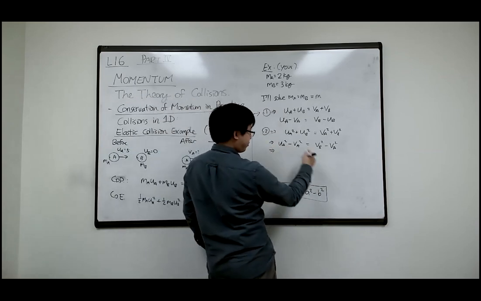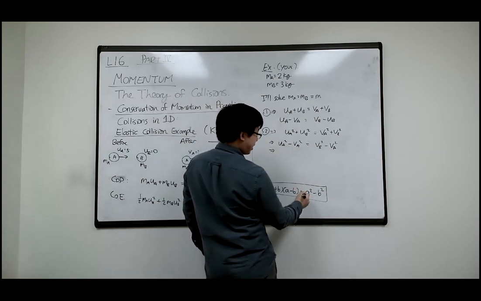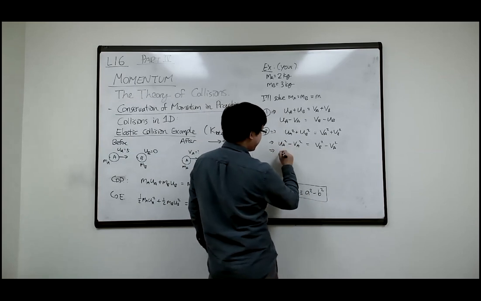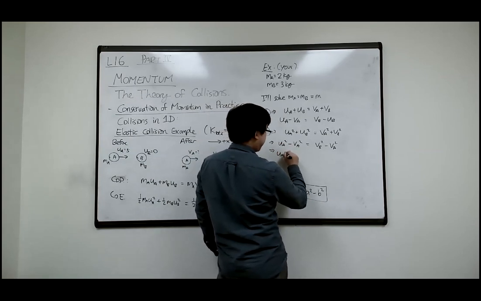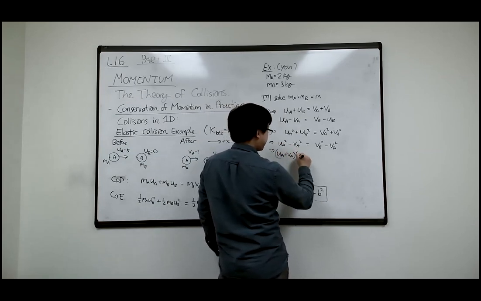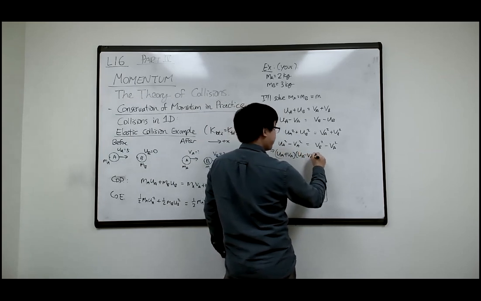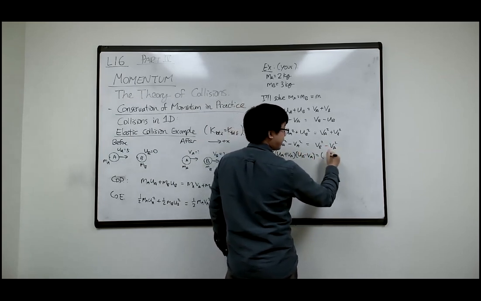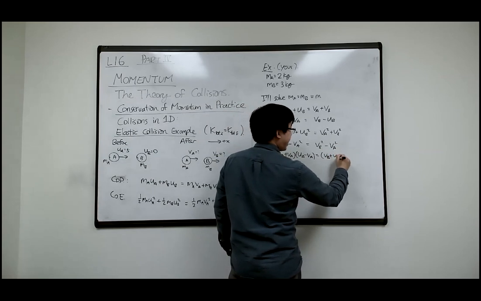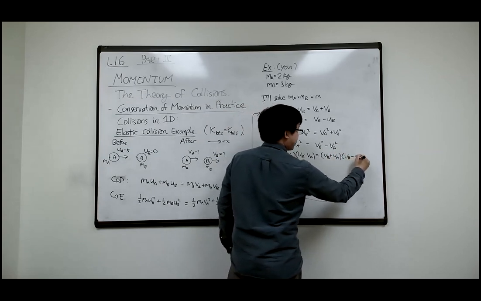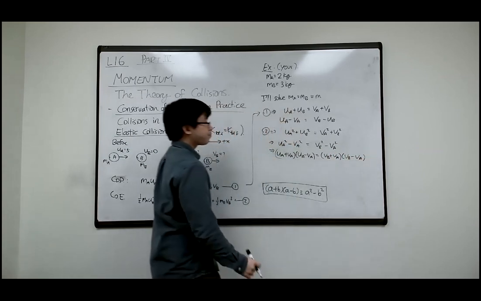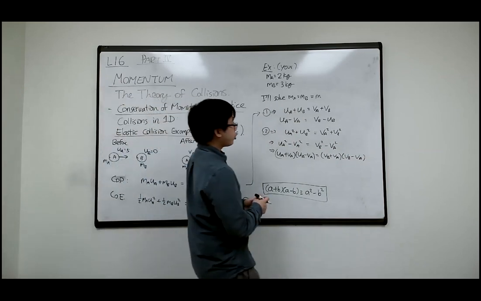So that means just from this mathematical identity, you can write UA plus VA times UA minus VA. And same thing here, you can do VB plus UB times VB minus UB. Should one of them be U?